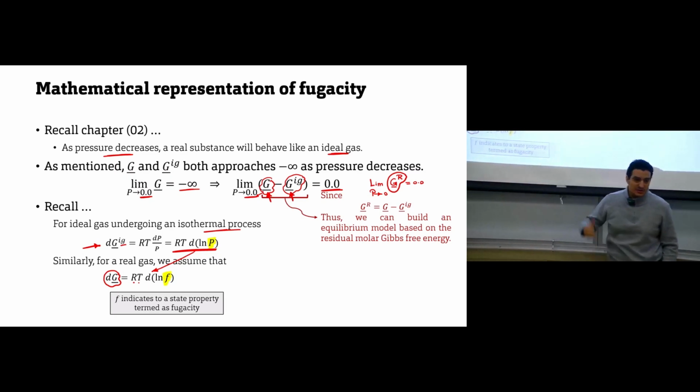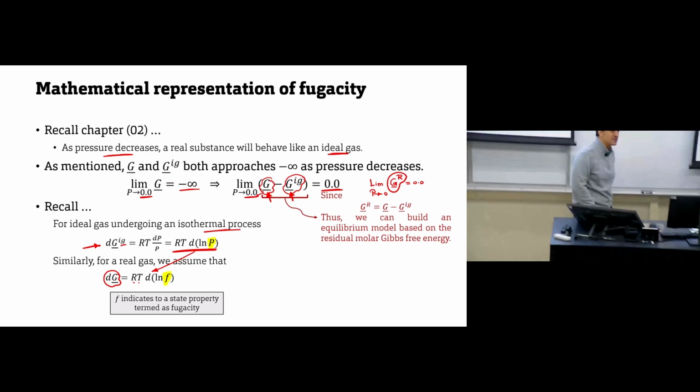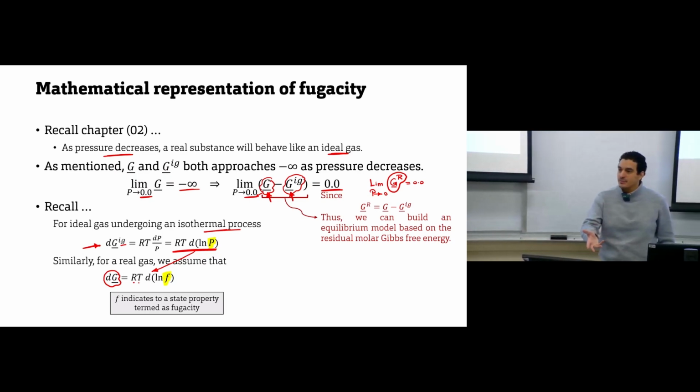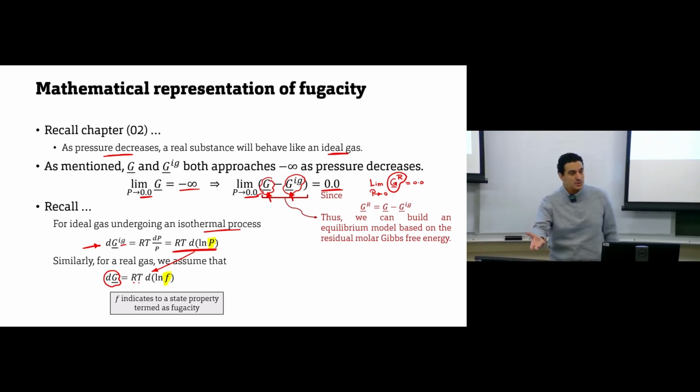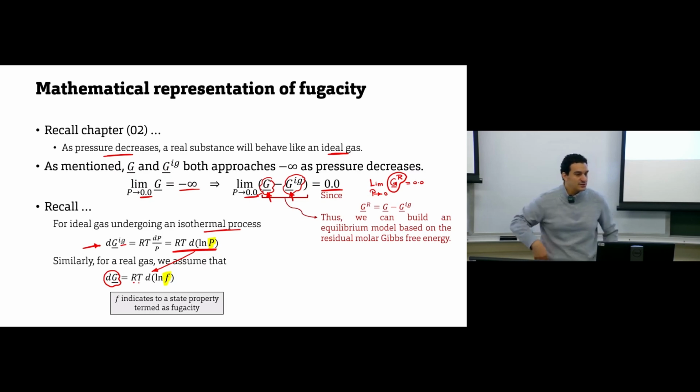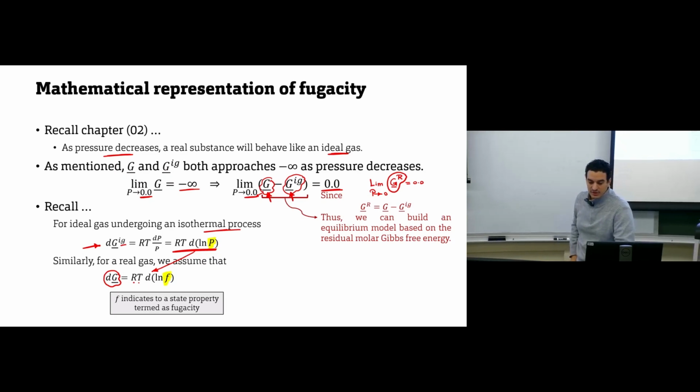It's called the fugacity. This is why in the previous slide, when we explained fugacity, we said it's a corrected pressure. We use it instead of the pressure in the ideal substance equation for molar Gibbs free energy, only to correct the property.